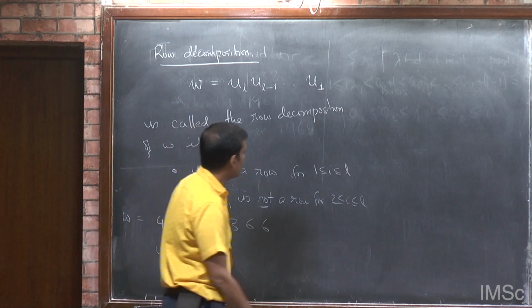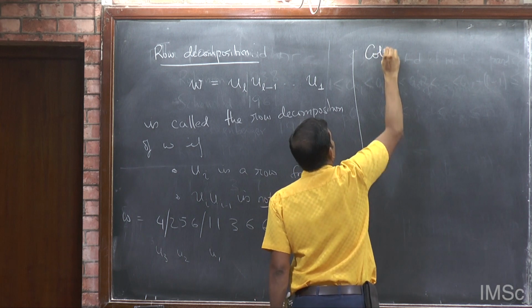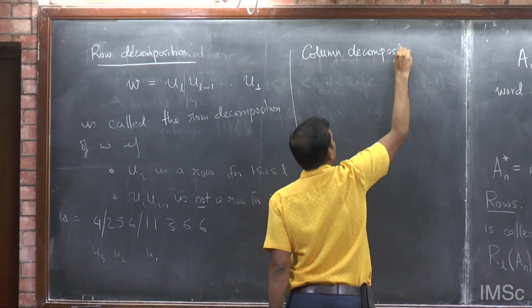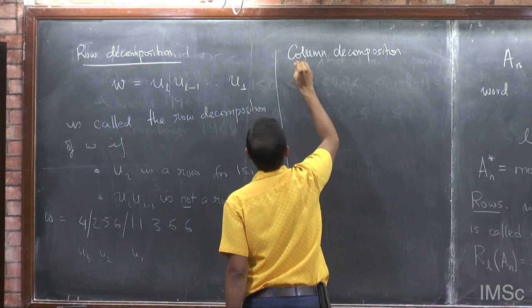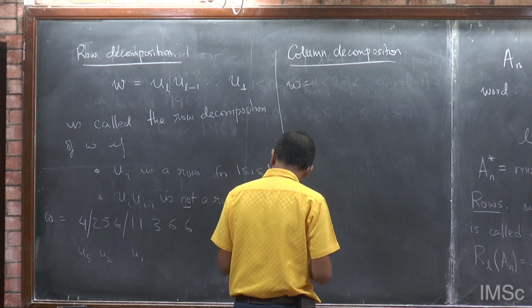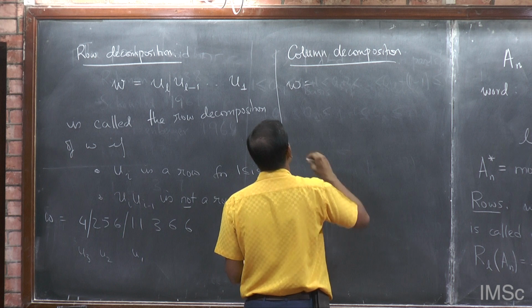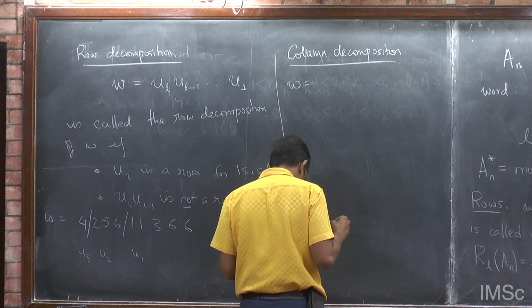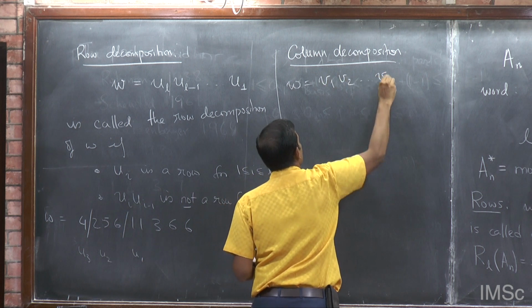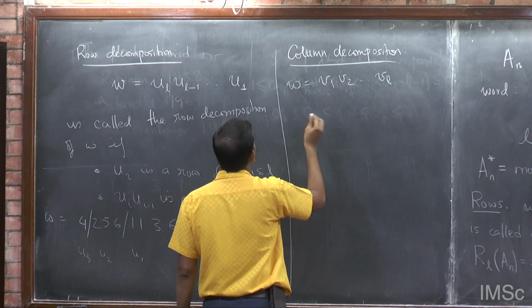And similarly, there is a column decomposition. W equals V1, V2, ..., VL, where each Vi is a column.